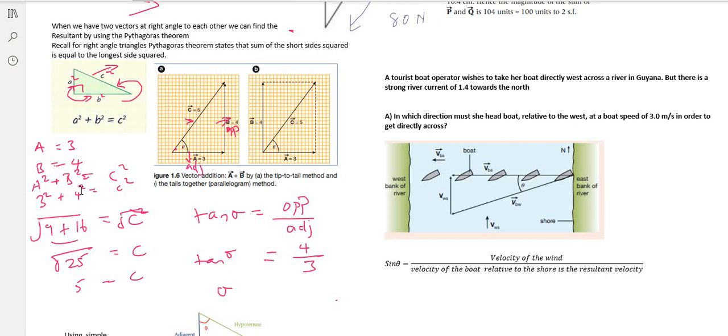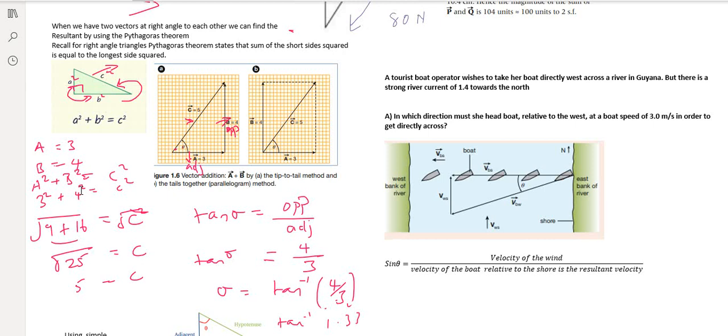So we're left with theta equals tan inverse of 4 upon 3, and that would give us a value of 1.33, but we still need to tan inverse it.